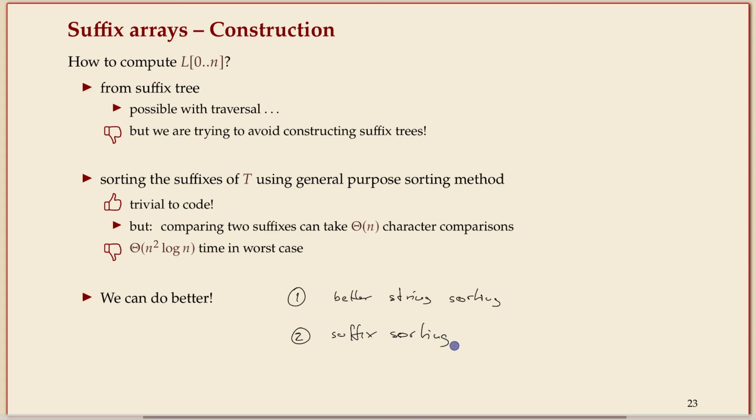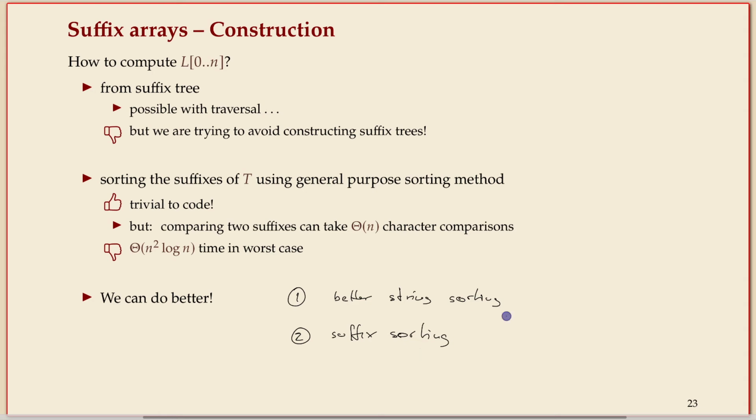So the first thing is really generic for strings, and you could use it to sort an arbitrary list of strings. So it, in a sense, would have belonged into Unit 3, but I felt it's more useful here where we have a use case for it. And the second is really exploiting that we're not sorting an arbitrary list of strings. These are exactly all the suffixes of one text, and that will help us at the end.